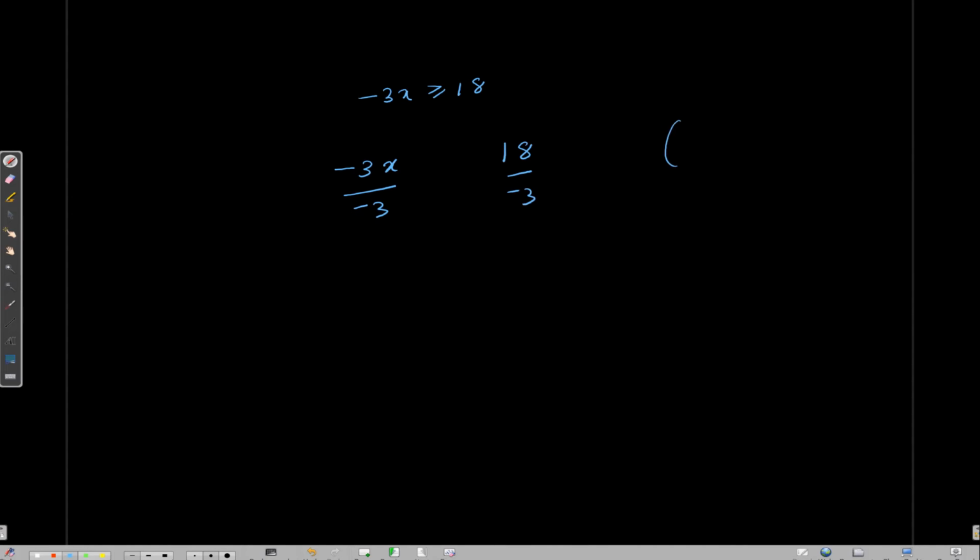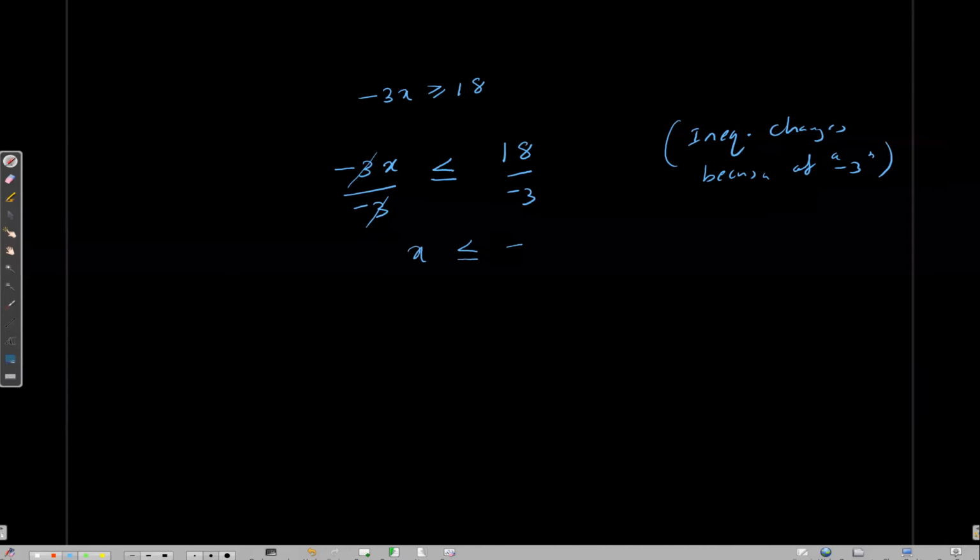Because of a negative number, the inequality changes. So you divide or multiply, switch the other side. So -3 by -3, I get x is less than or equal to -6.